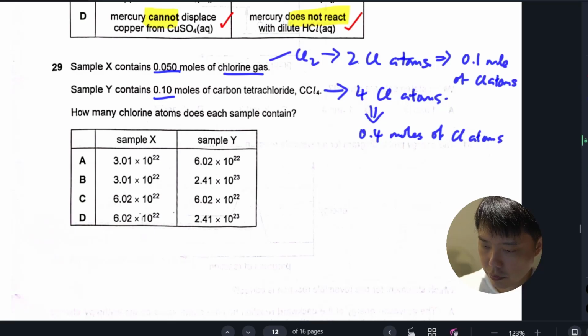So you have 0.1 and 0.4. 0.1 will be C and D is okay. 0.4 would be D. So our answer here should be D.